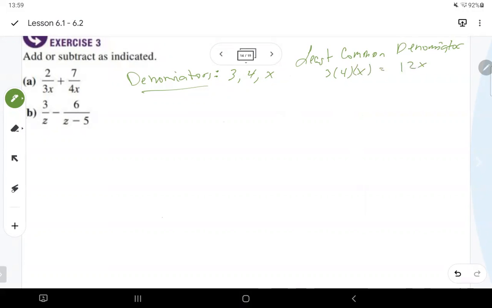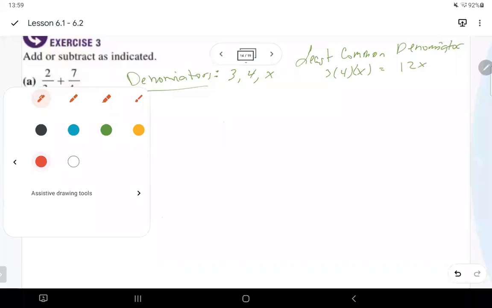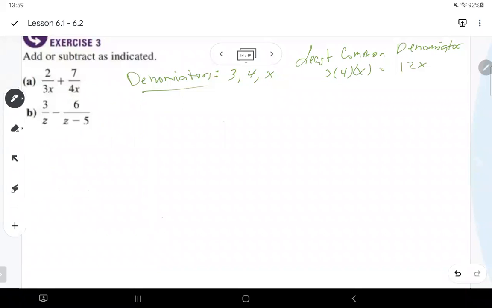I would get 12x. Then what I would do is I would say, okay, I have to take 3x times 4 to get 12x. So if I'm multiplying the bottom by 4, I have to multiply the top by 4.